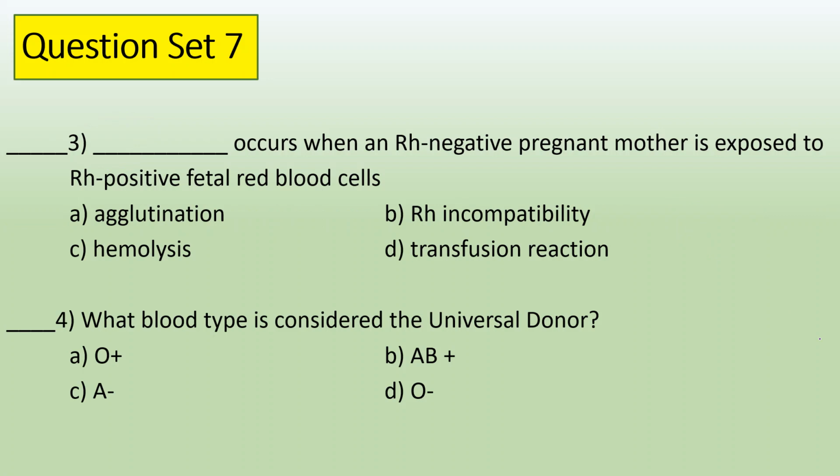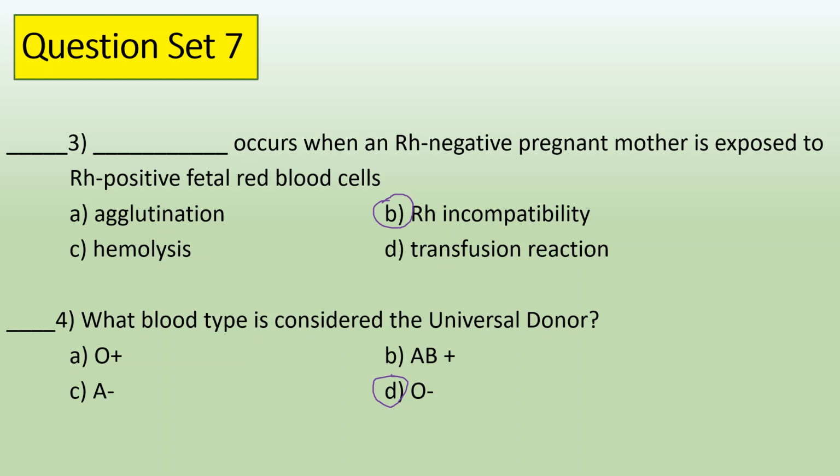I'll give you a second to take a look at 3 and 4. Okay, so number 3, Rh incompatibility occurs when an Rh negative pregnant mother is exposed to the Rh positive fetal red blood cells.